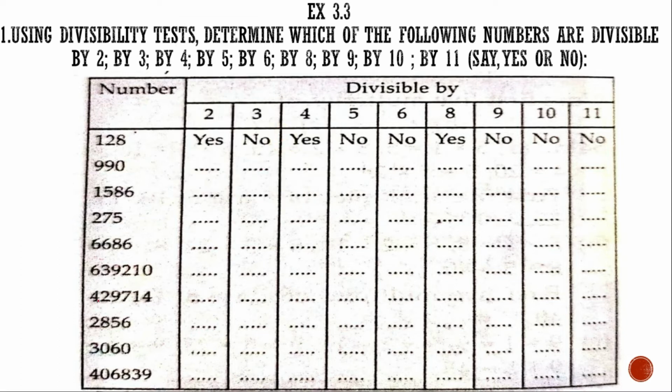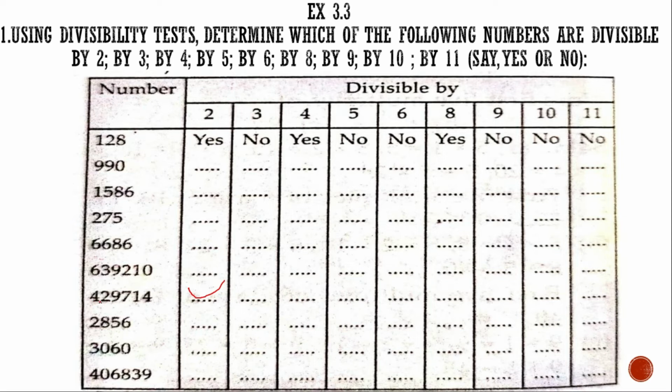Next, I'm going to take this number, 429714. So first I have to check for 2. The last digit is 4, so it is an even number. So I can say this is divisible by 2. Next, for 3. What is the rule of 3? The sum of the digits must be divisible by 3.